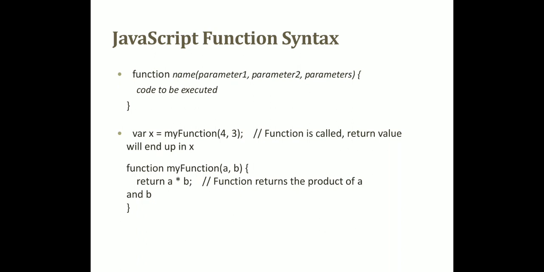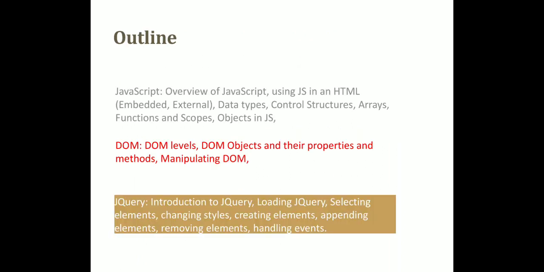So that example also we have seen, how the function is called and the value is returned, plus how the function returns the product of a and b. Okay, so all these things were about JavaScript.